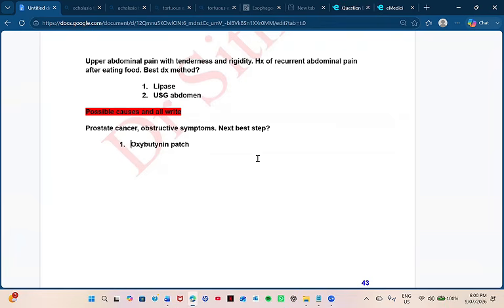Which symptoms? It is for what, doctors? Tell me. Is it for obstructive symptoms or something else? It is for storage symptoms, right? It is for storage symptoms, but here the problem is obstructive symptoms.